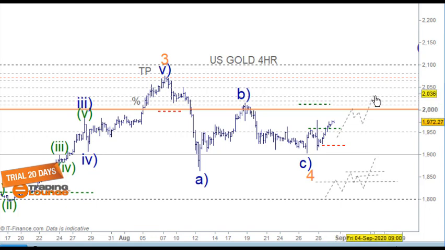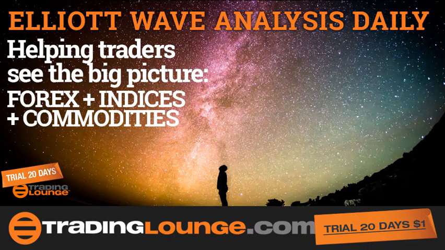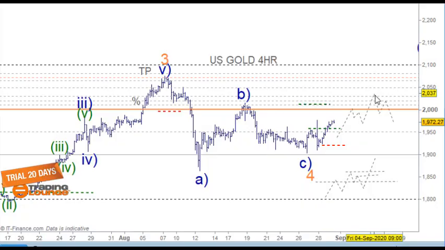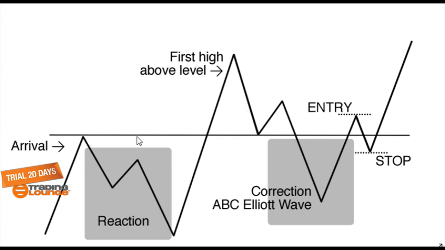But basically we're looking for something like this: the arrival, the reaction, the first high above the level, and then the corrective pattern from that point. If this is the 2000 across here, we want to see the arrival, the reaction, the first high above the level, then coming and checking demand, and then finding support on it again, and that's our entry over here.